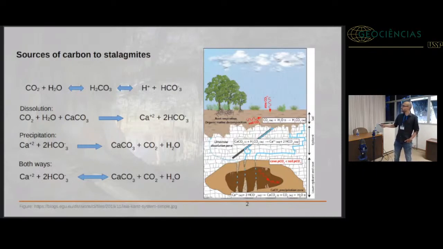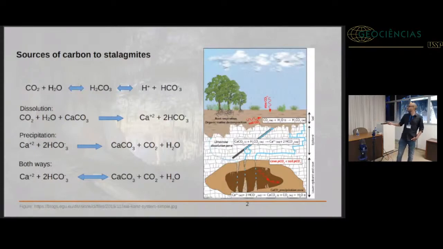If we look back to the equation, this carbon will be in the bicarbonate, and before that, it will be here. And then we have a carbon here in the limestone. So one of the carbons comes from the limestone, and then we also have carbon in the CO2. Then the question is, where did the CO2 come from?